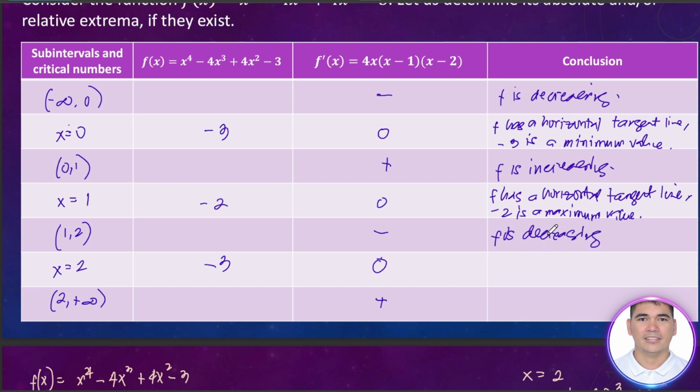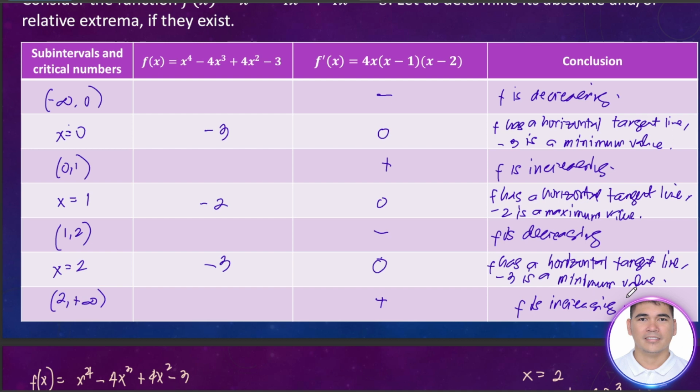We have negative 3, so f has a horizontal tangent line, then negative 3 is a minimum value. And we have positive, so f is increasing. Okay?